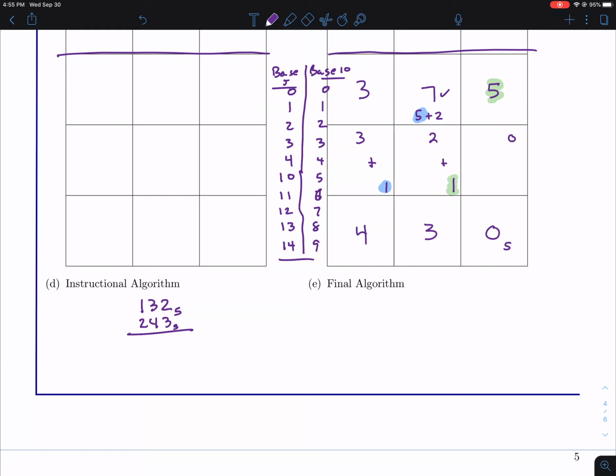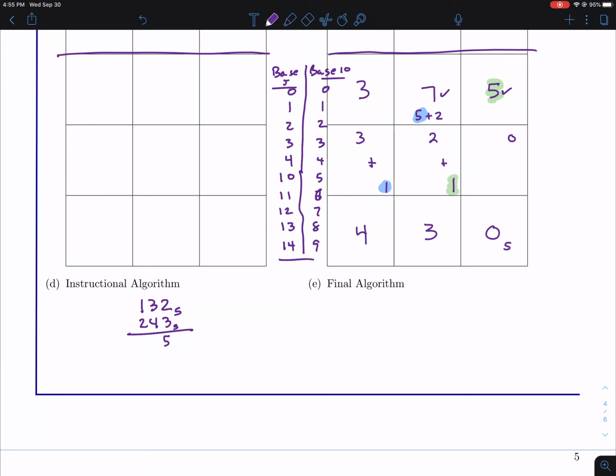In the instructional algorithm, remember this is the one where we didn't do any kind of carrying. We just wrote what the number was equal to. In this case, I don't want to do 3 plus 2 is 5 like I did over here, because there is no 5 in the chart.